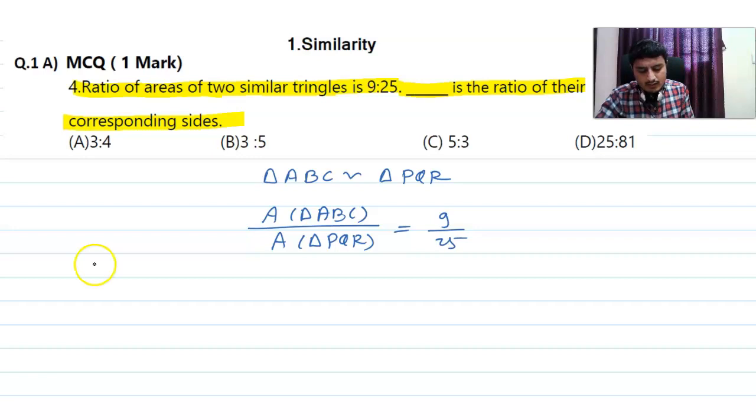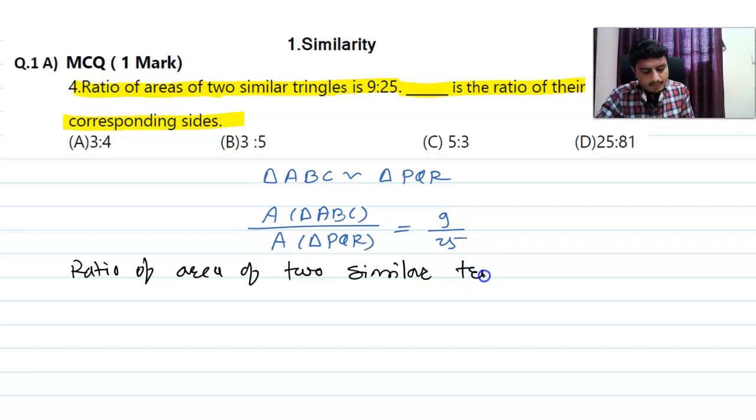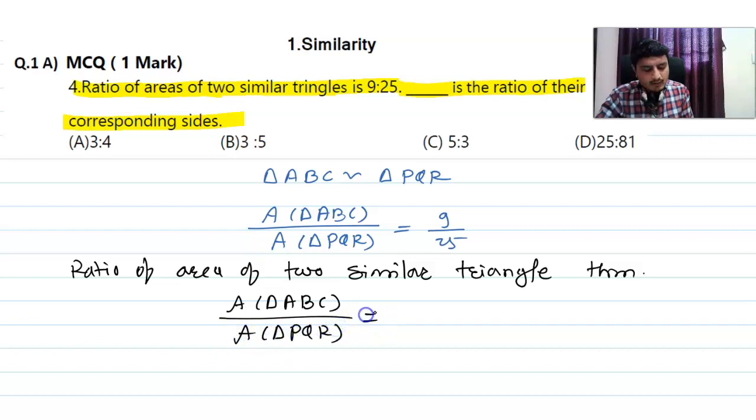So we have the theorem: ratio of areas of two similar triangles. By using this theorem, we may write the area of first triangle ABC divided by area of second triangle PQR equals the ratio of squares of their corresponding sides.